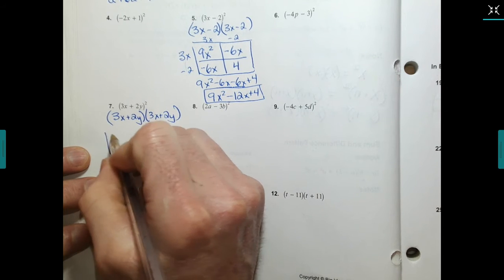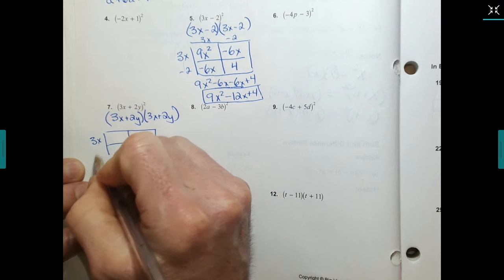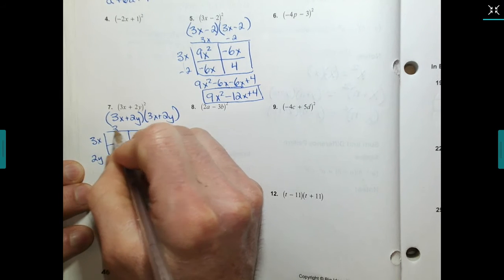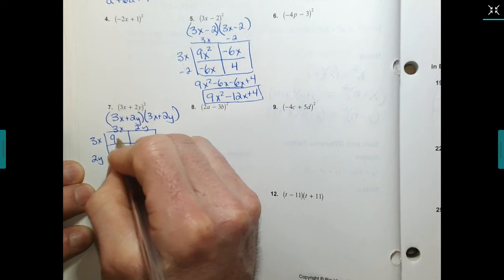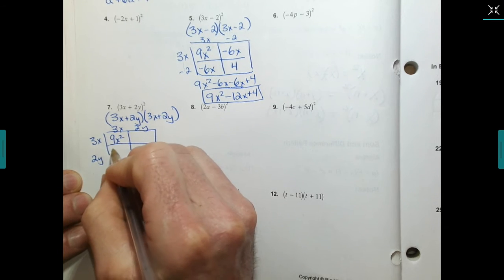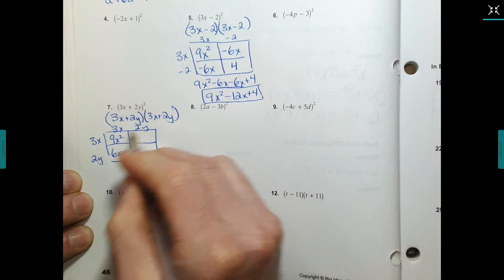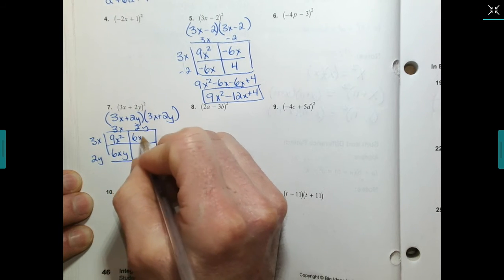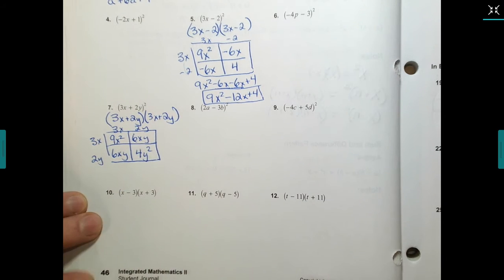And then boxcar trolls. 3x here, 2y here, 3x here, 2y. So I have 9x squared, 6, and then x times y would be xy. So that'd be 6xy, and I get 4y squared.